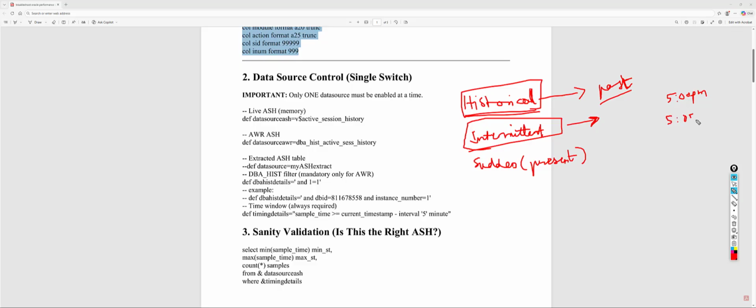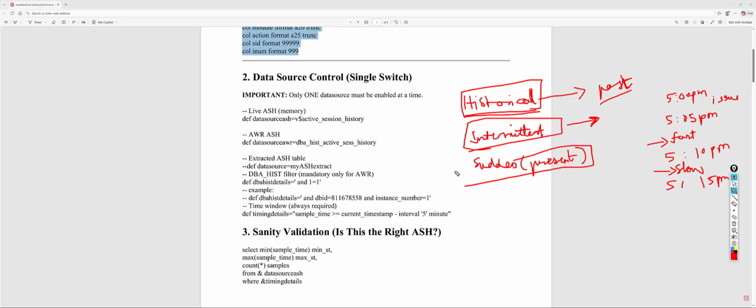At 5 p.m. the database was fast, then from 5 to 5:10 p.m. it was fast, and again from 5:10 to 5:15 the database was slow. So this is kind of an intermittent issue. It will be up and down. Sometimes it may run good, sometimes it may run bad.